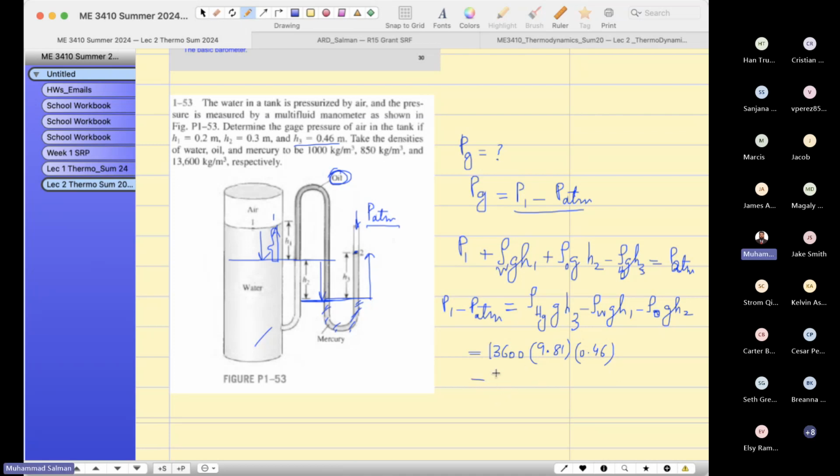Density of water is 1000 kilogram per meter cube. Rho G H1. H1 is given as 0.2. For oil, the density of oil is 850. And H2 is given as 0.3.